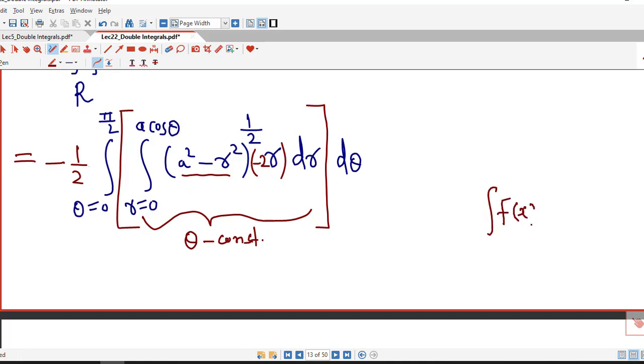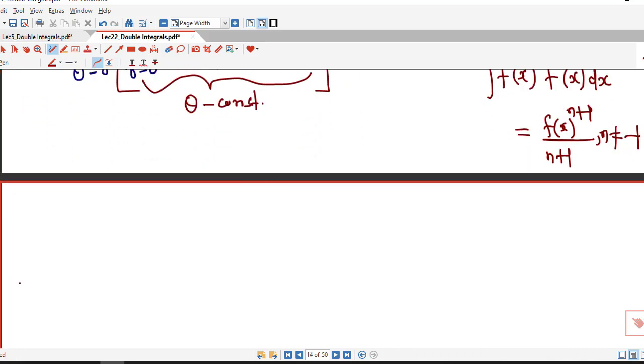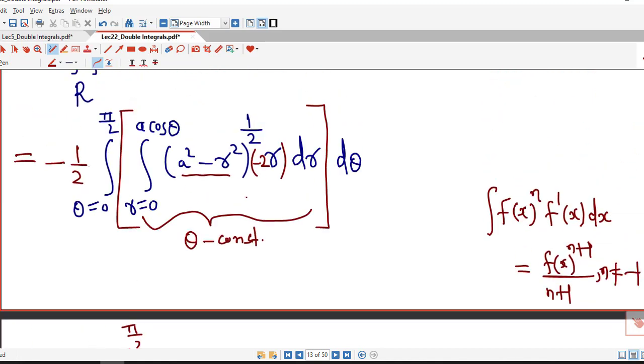We know that if we have nth power of a function and its derivative is in the product, then we can use this formula to integrate. N is different from minus 1, here n equal to 1 by 2. So now we have minus 1 by 2, theta is from 0 to pi by 2, and here the integral is a square minus r square raised to 1 by 2 plus 1, that is 3 by 2, divided by 3 by 2.